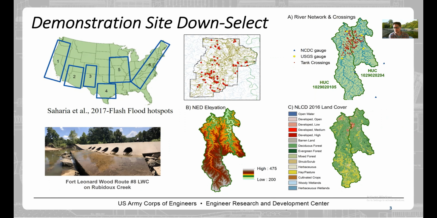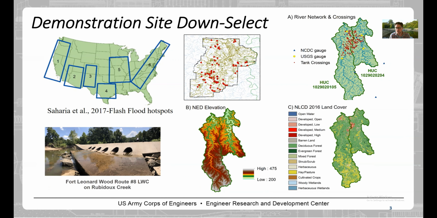So the down selection. How did we go about selecting the 3 demonstration sites for this project? Well, we looked at a lot of different factors. For example, we needed military installations in areas that are considered to be flash flood hotspots. You can see a representation of that and the citation for that in the upper left-hand corner.